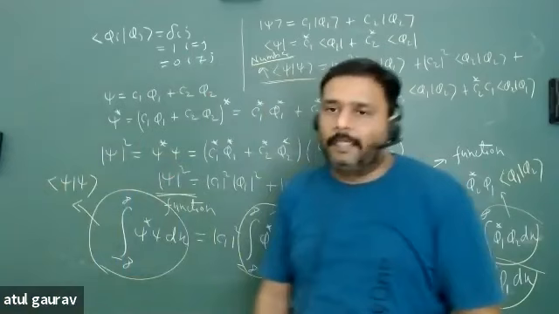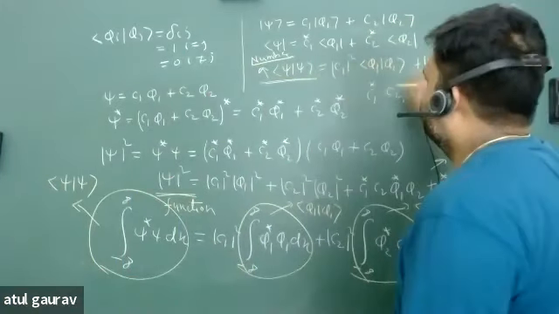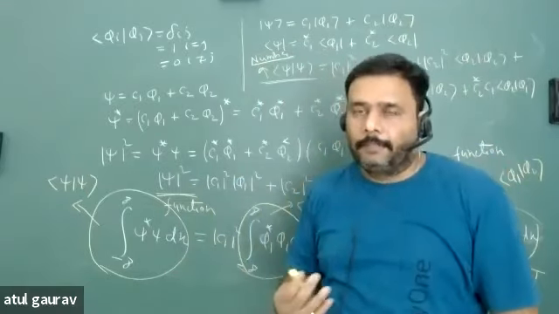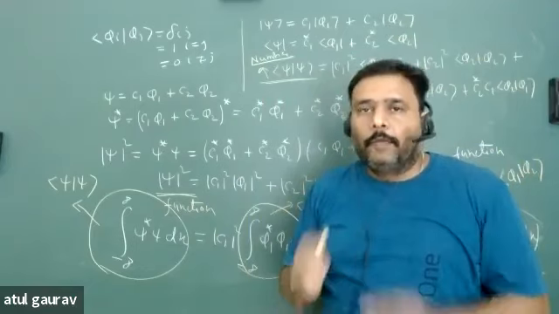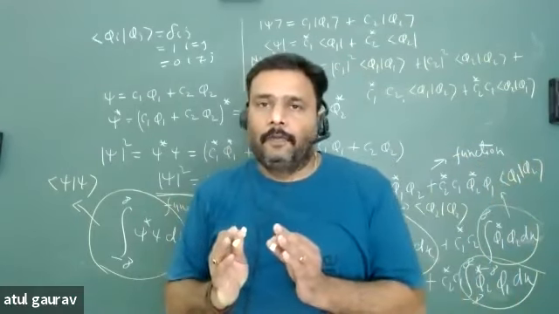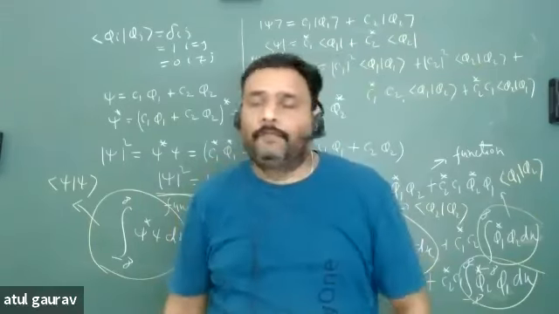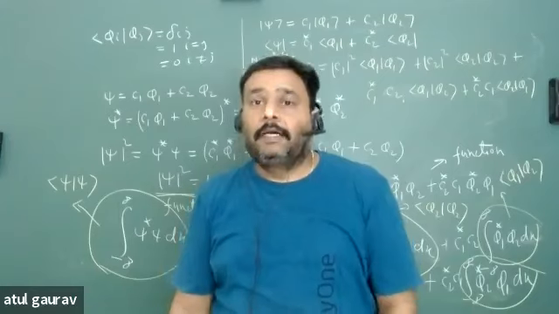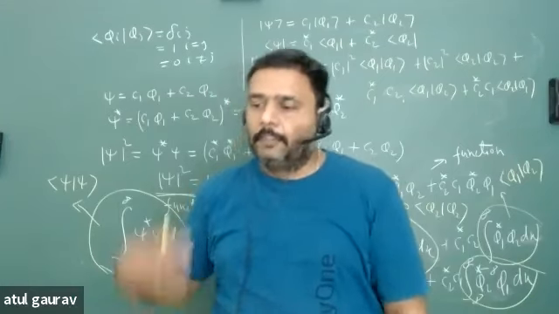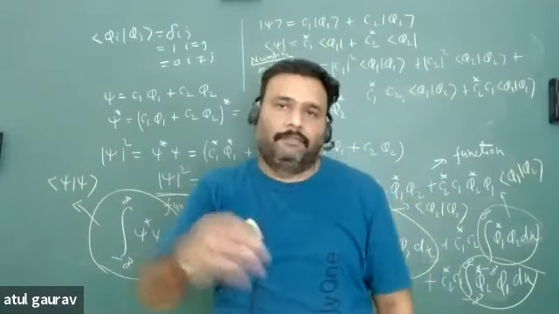So you have to be very careful when you are using this particular Dirac notation, because most of the people make this type of blunder. Whenever you are talking about mod psi square, then only the functional form of vectors is useful. Dirac notation is not useful at that time. So you have to convert your Dirac notation into a function.